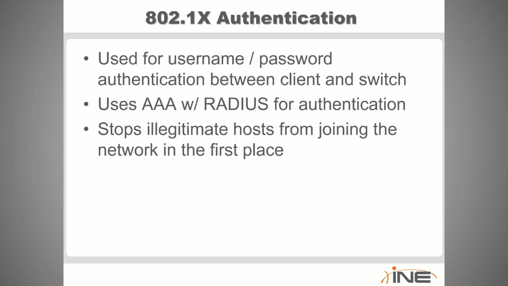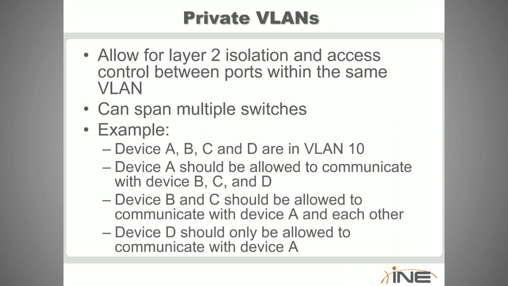So this assumes that the user's laptop or the user's desktop has some sort of credentials that is going to allow them into the network in the first place. So this would prevent any type of DHCP starvation or any type of basic layer 2 spoofing or layer 2 man in the middle, because the user would have to already have authentication credentials to get on in the first place.